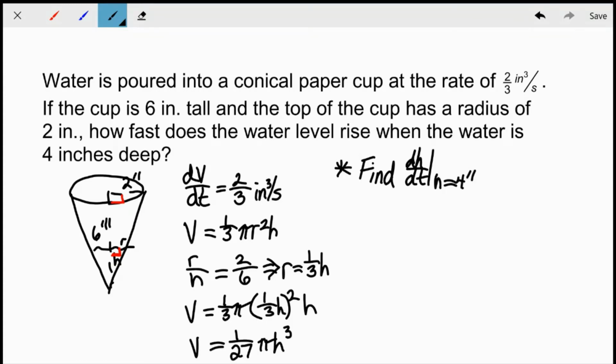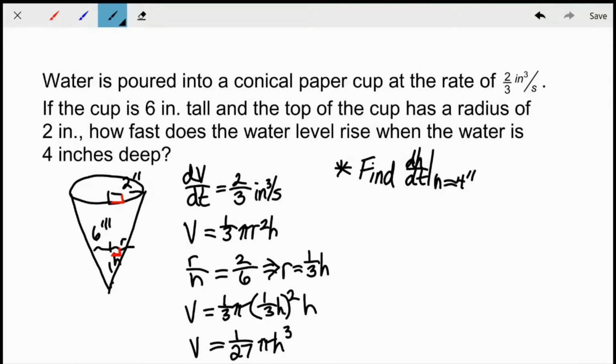Okay, so that's what I'm looking for. Now, since we already got volume in terms of h, this is actually going to work out pretty well. When you first start solving these types of problems, you might not recognize right away that you need things in a single variable or that you can even get them in a single variable. But a lot of times as you solve the problem, you'll kind of realize that you don't have enough information and you've got to go back and figure out these relationships.